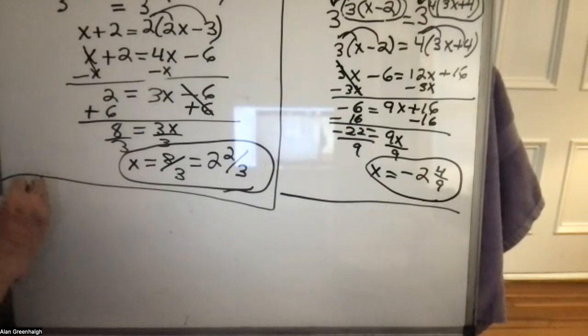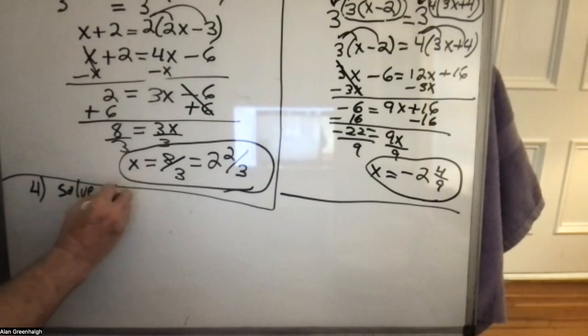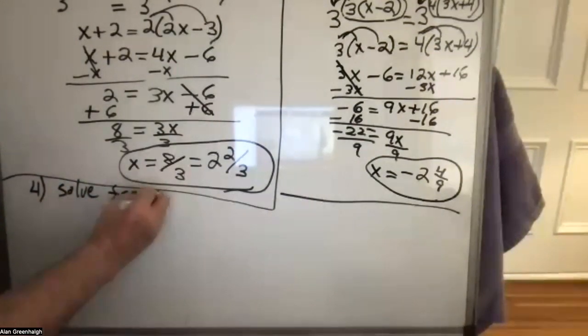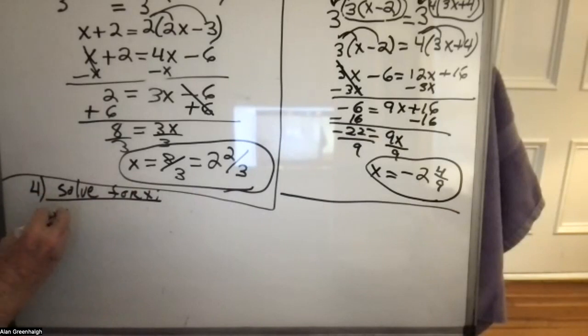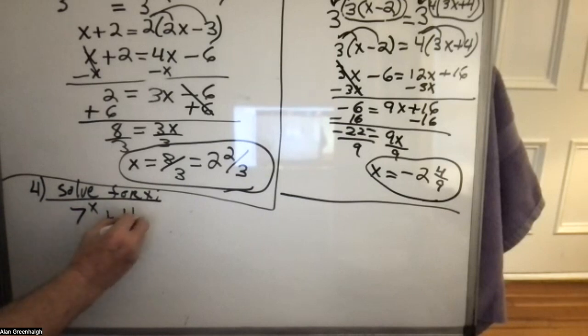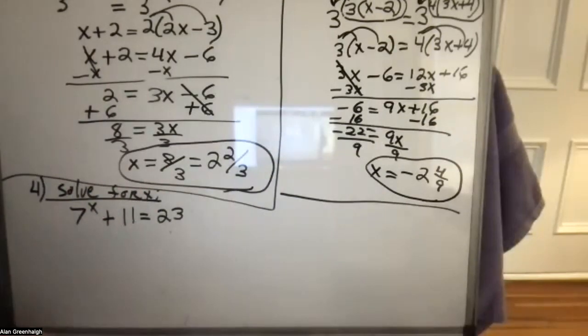But it's very, very important. So this is the problem. Solve for x. And it'll be 7 to the x plus 11 is equal to 23. Let's see if you can solve that.